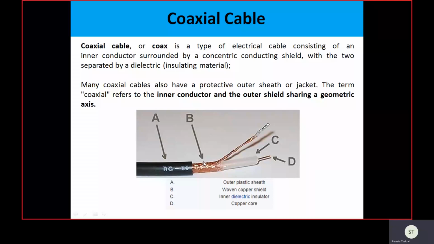Then the outer layer is the plastic sheet. Why is this called a coaxial cable? Because here the inner conductor, this copper core, and the outer shield both share a common geometric axis, that's why this is considered to be a coaxial cable.